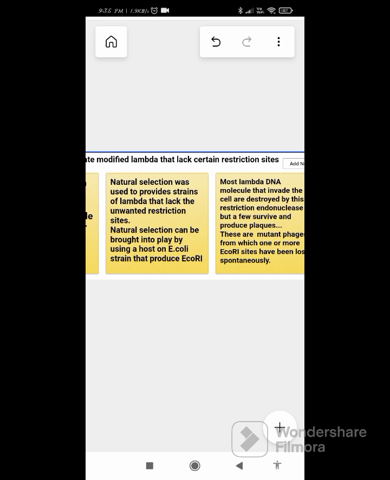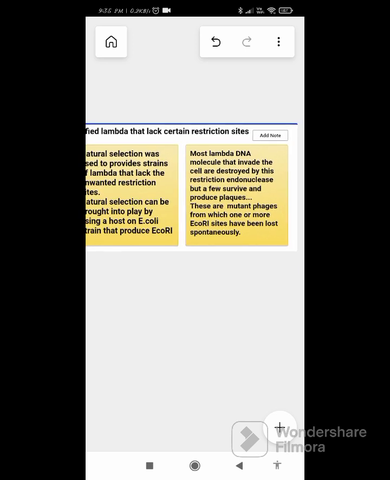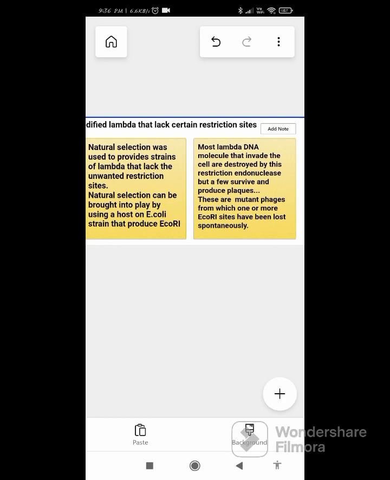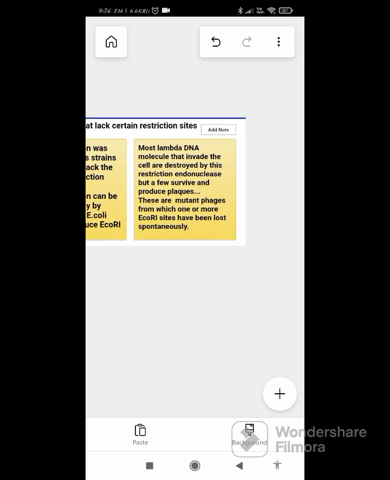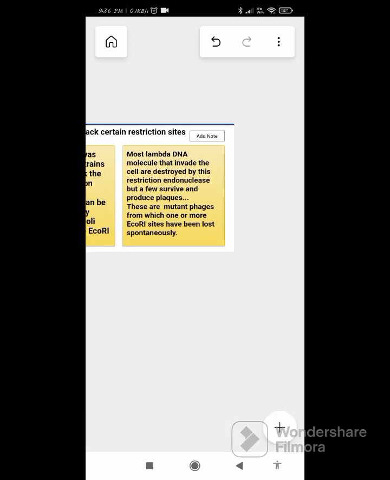Natural selection can be brought into play by using an E. coli host strain that produces EcoR1. Most lambda DNA molecules that invade the cell are destroyed by this restriction endonuclease, but a few survive and produce plaques. They produce these plaques on X-gal agar.